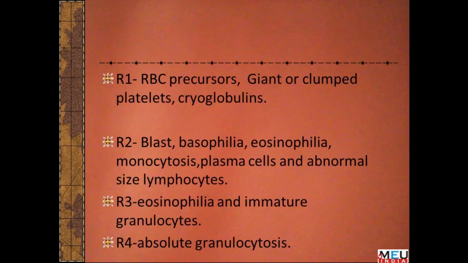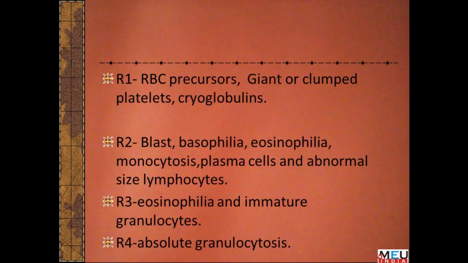So in the RBC, we get various flags. They could be RBC precursors, giant platelets or clumped platelets, cryoglobulins, basophilia, eosinophilia, plasma cells, or abnormal lymphocytes, all of which produce flags.